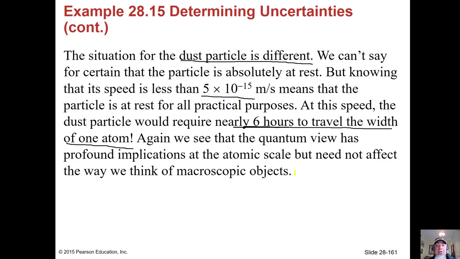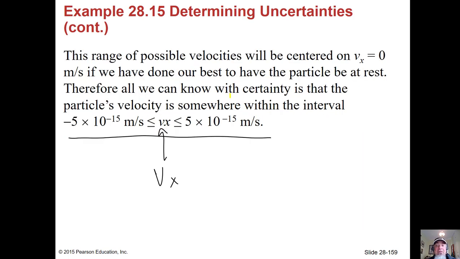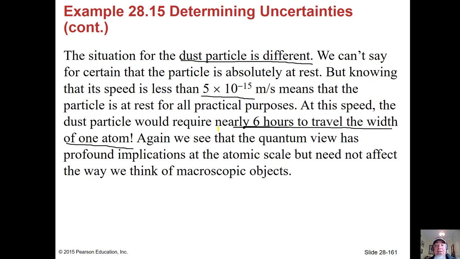For a dust particle, this was 5 times 10 to the minus 15th. Way smaller. So when it says 6 hours to travel the width of one atom, that's completely different than an electron. This wave-like behavior you would not see. With an electron, you would.